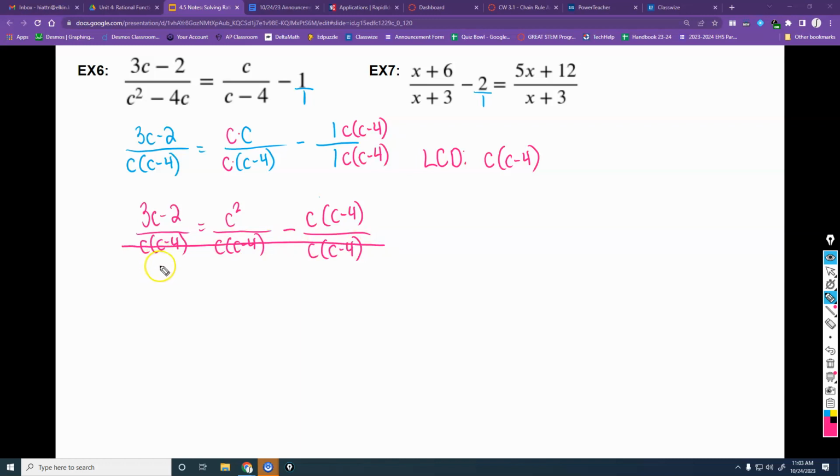Okay, so I've got 3c minus 2 equals c squared. You can distribute the c right here, but the minus has to go with it. So you are going to get minus c squared plus 4c.